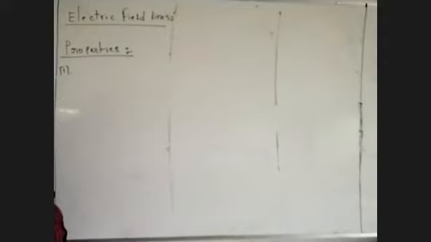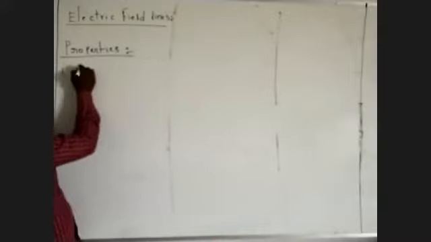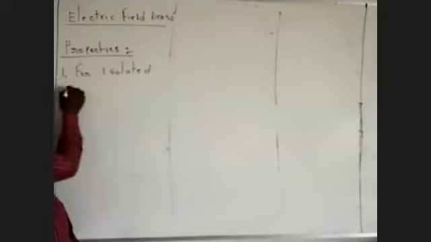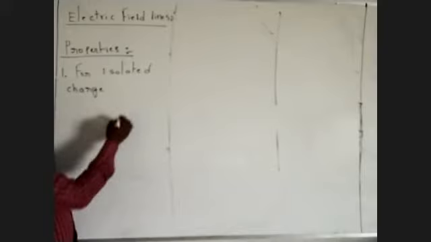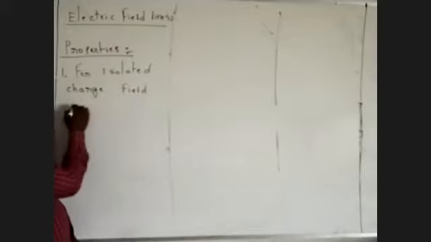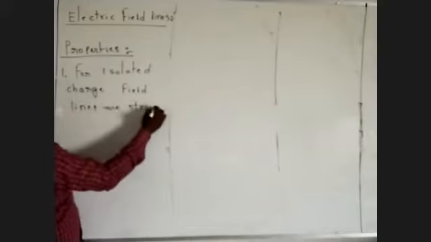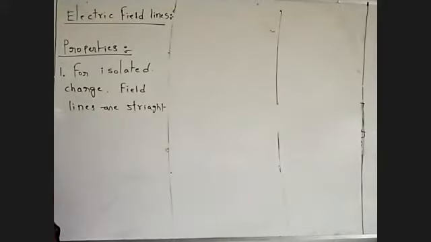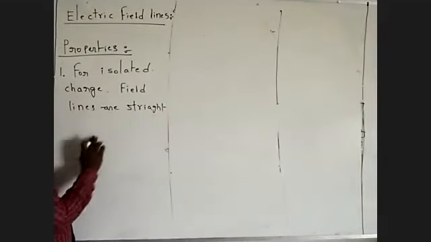For an isolated charge, field lines are straight lines.